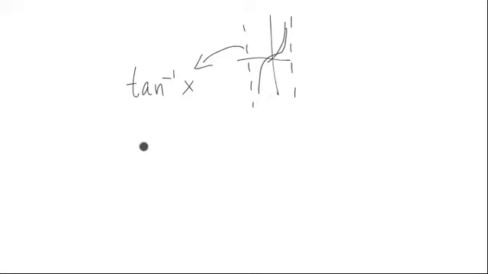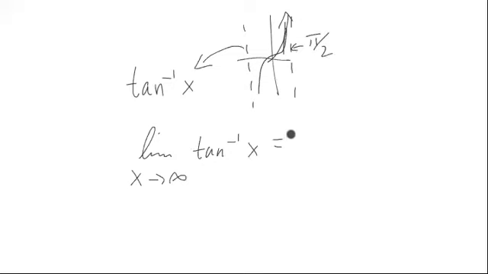So you can think of the limit as x goes off to infinity of tangent inverse. Let's see what that is. Now on this graph, that would be like y going to infinity. So what do you get? Well, it looks like the x value is getting close to pi halves. So you end up getting pi halves.